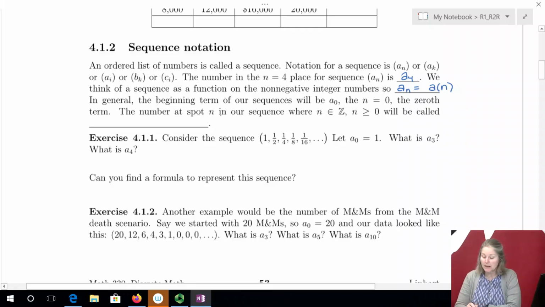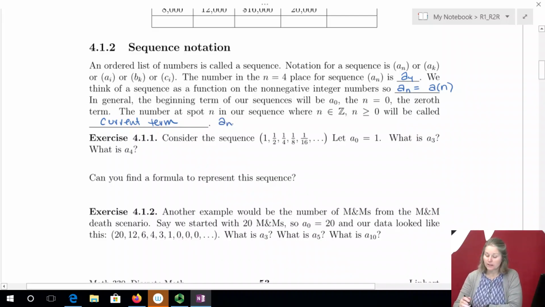The number at spot n in our sequence, where n is an integer greater than or equal to 0, these would be called the non-negative integers, will be called the current term. We would also call that a sub n.